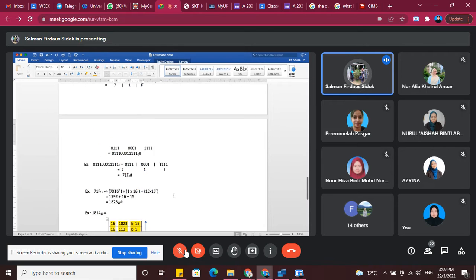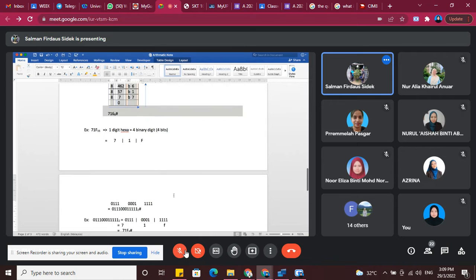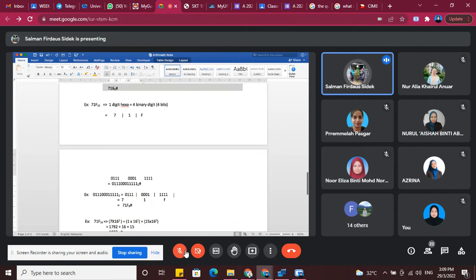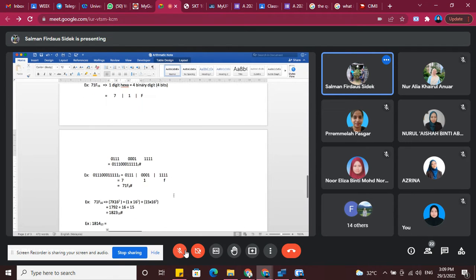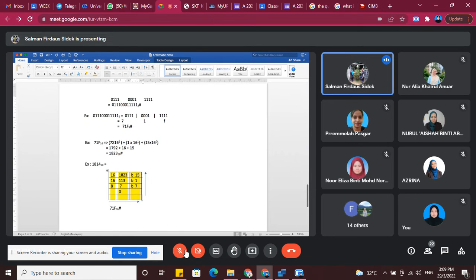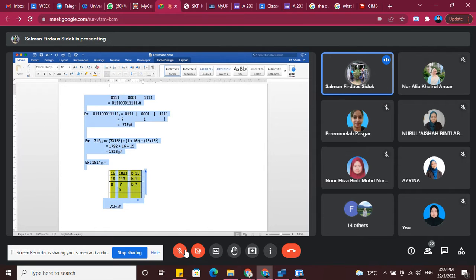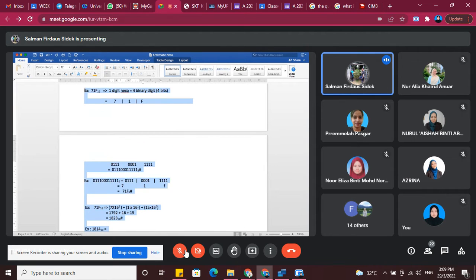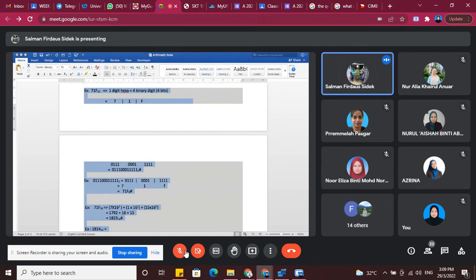So at this stage we have learned the relationship between hexa and binary, how to convert binary to hexa, as well as hexa to decimal. So dah ada banyak teknik ni, so I highlight this part with this color.